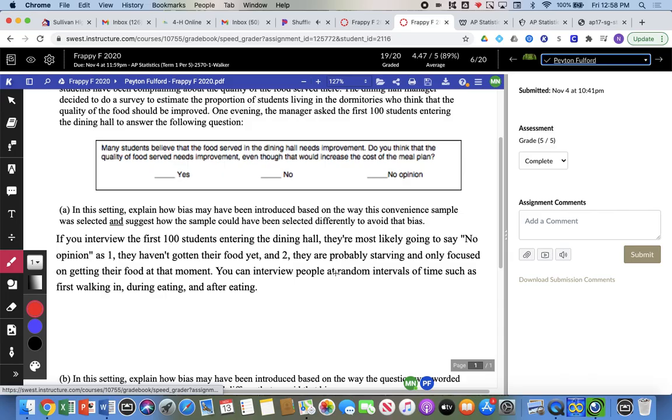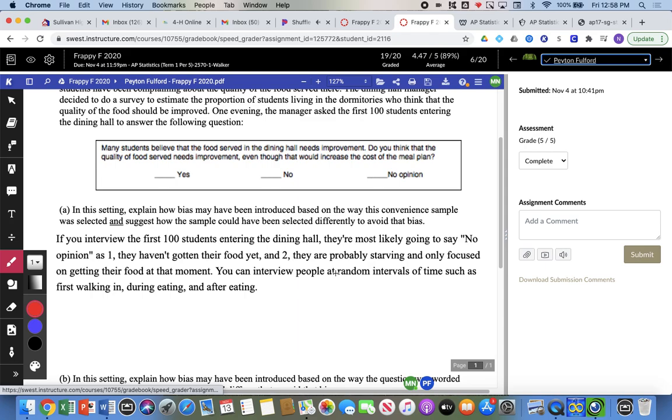If you mention that they're not sampling the people that are upset with it, who probably aren't at the dining hall, it's not going to give you a full representation of your entire student body, because you're not asking people that are making the choice not to eat even though they've probably paid for it. So that is something that you can mention.